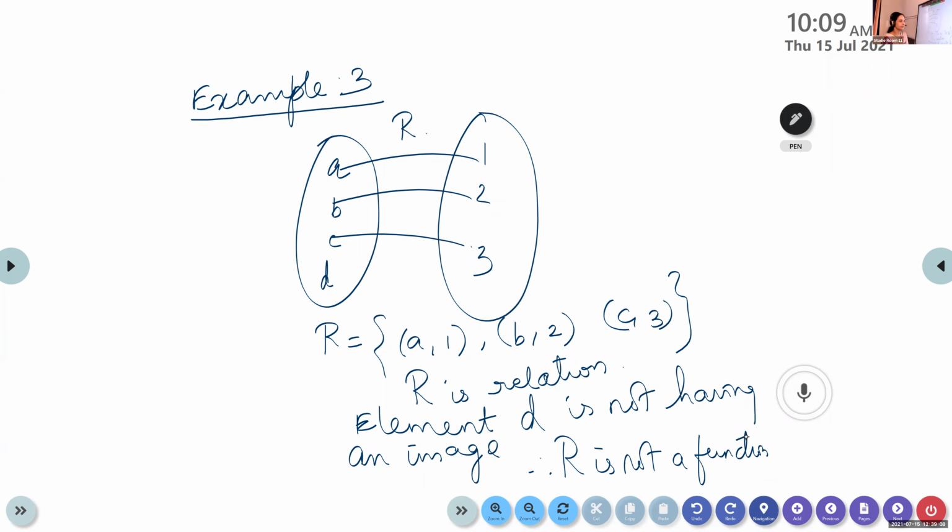Very good, Roseanne. So function means two conditions must be satisfied: every element in the domain should have an image, and the image must be unique.